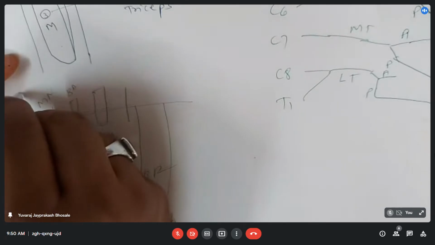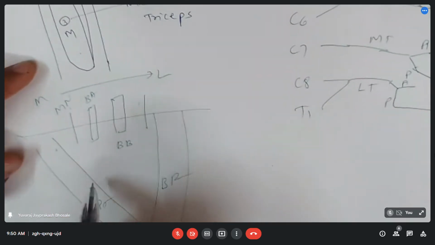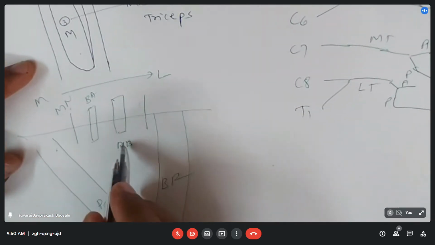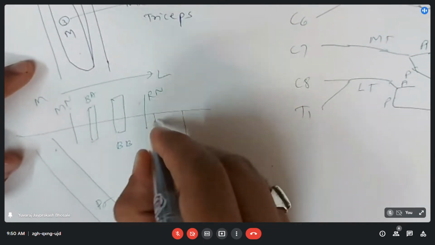From medial to lateral side: median nerve, brachial artery, biceps brachii tendon, and radial nerve, the lateralmost.